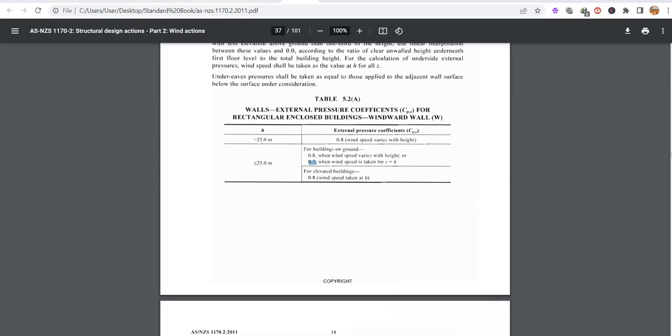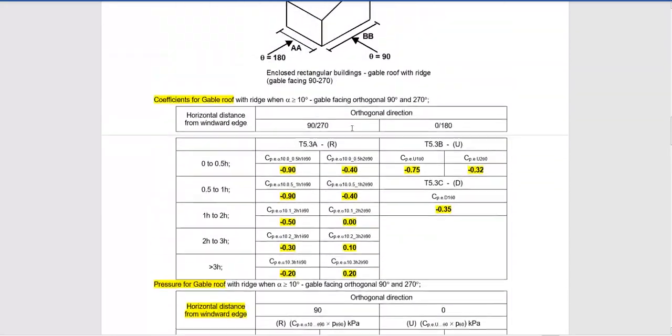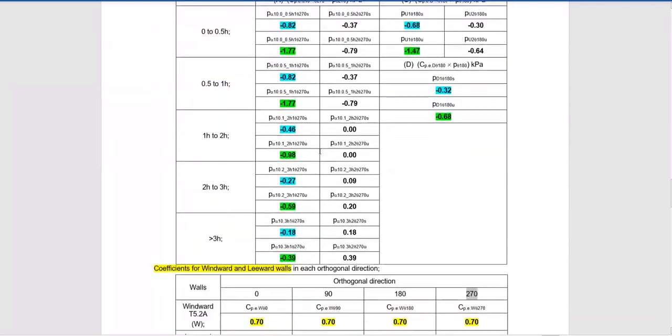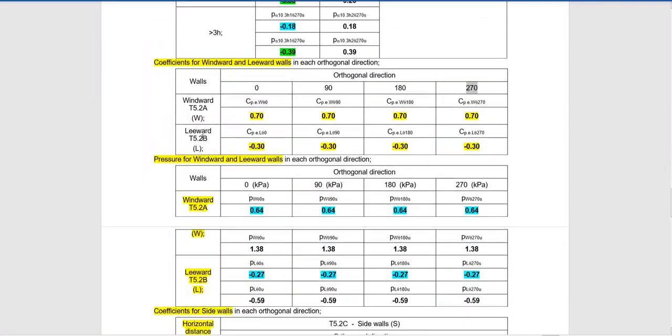It's very simple. So windward for every direction, at 0 degrees, at 90 degrees, at 180 degrees, and at 270 degrees, which is in all the directions, my Cpe for the wall will be 0.7. All the same.